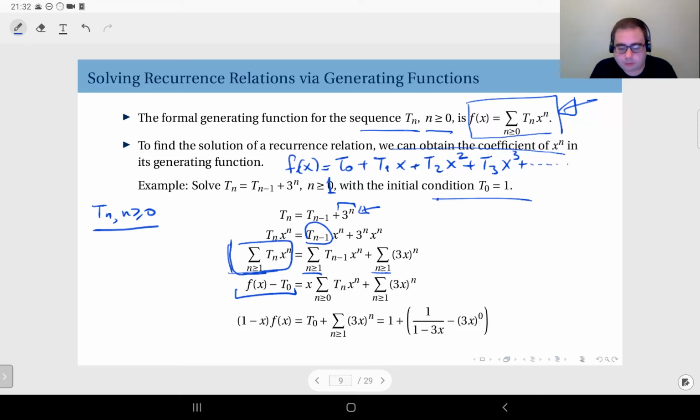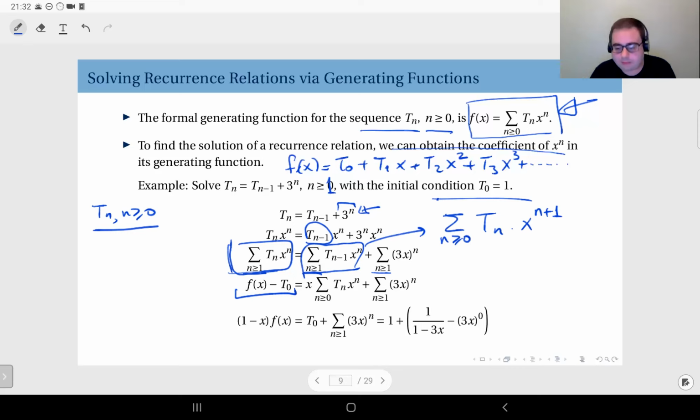And on the right-hand side, what you have is this sum for n greater than or equal to 1, tn minus 1 times x to n. Now I can write this as the sum for n greater than or equal to 0 of tn times x to n plus 1. It's the same summation because if you actually expand this, it will be t0 times x plus t1 times x squared plus t2 times x cubed plus t3 times x to the power 4 and so on.